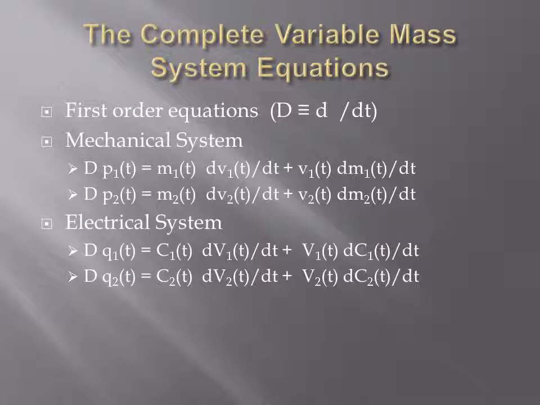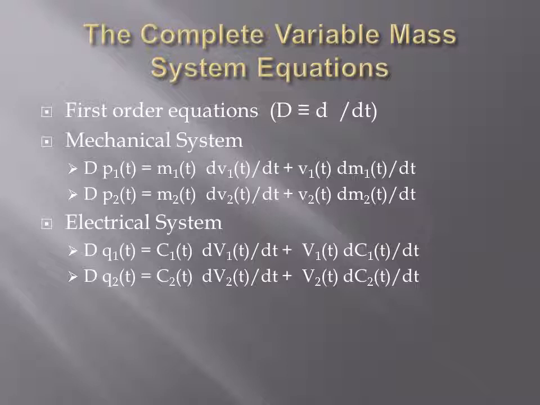So the complete variable mass system equations in first order are as appears in this table. The mechanical system has two equations, one for each rigid mass that appears in the mechanical system model. They are labeled by the subscripts 1 and 2.